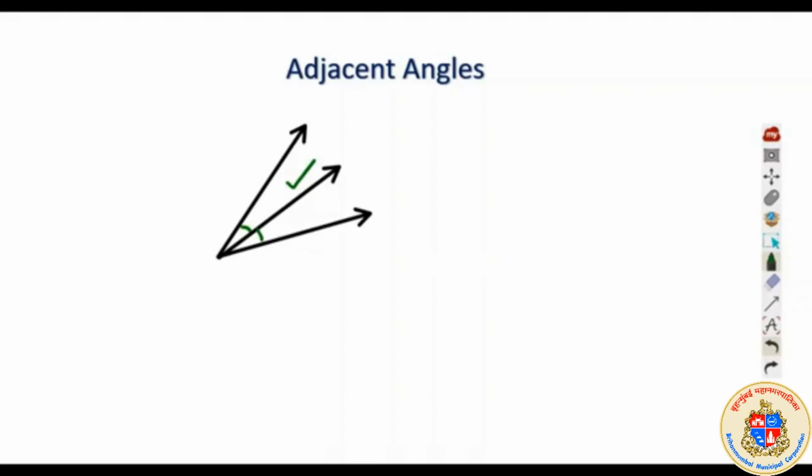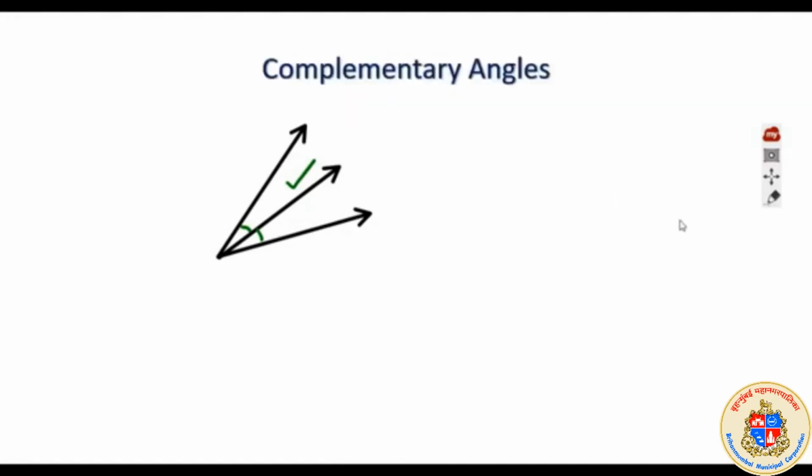Now, if you recollect further, there is a concept of complementary angles. Complementary angles are a pair of angles whose measurements sum to 90 degree.